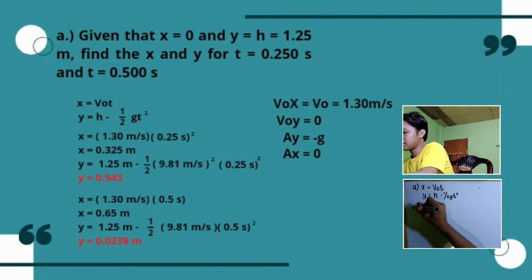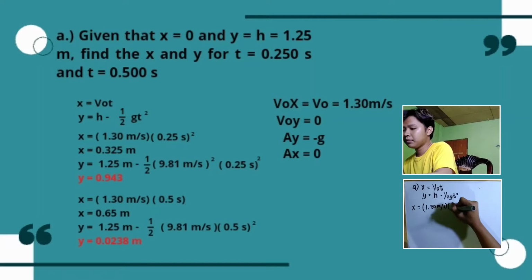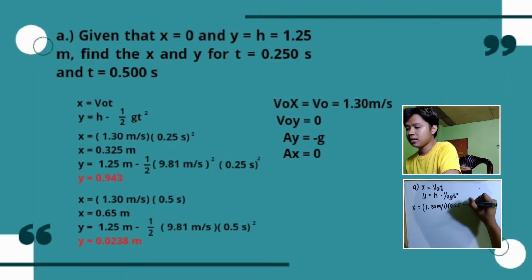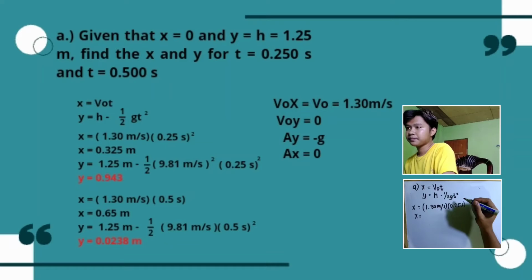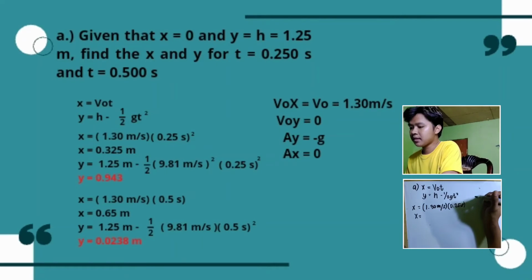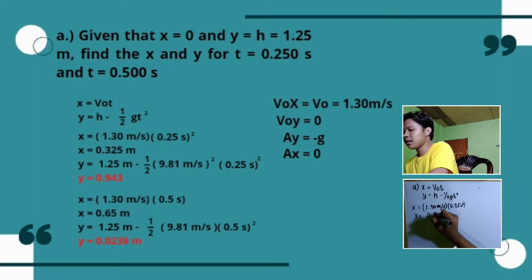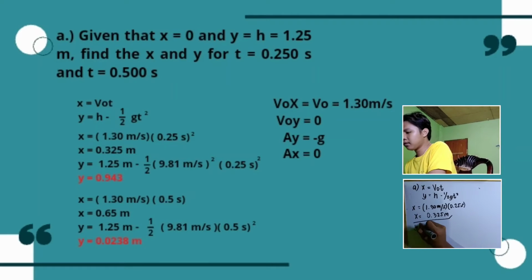So, let's substitute 1.30 meters per second multiplied by 0.25 seconds. So, do the math. We cancel seconds, what remains is meters. So, 1.30 meters multiplied by 0.25 is 0.325 meters.